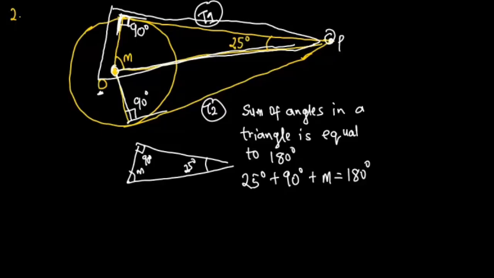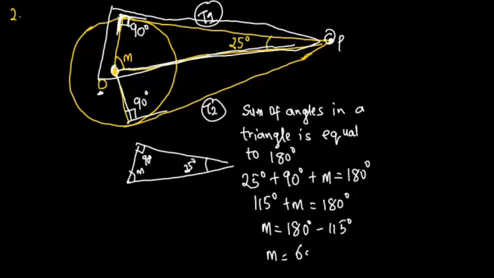Now, 25 degrees plus 90 degrees will give us 115 degrees, plus M is equal to 180 degrees. Then we'll collect like terms. So M is simply going to be 180 degrees minus 115 degrees. When we subtract that, we end up getting 65 degrees. So the unknown angle M is 65 degrees.